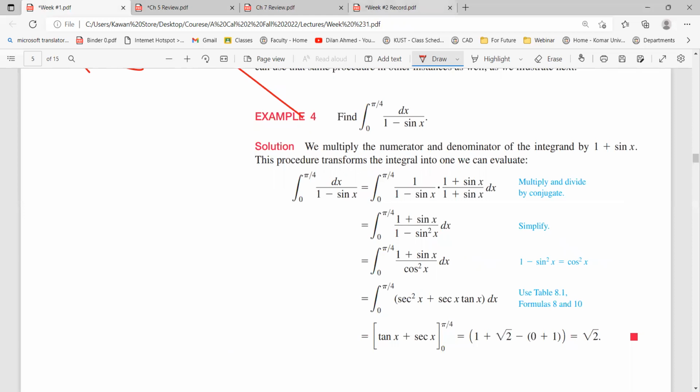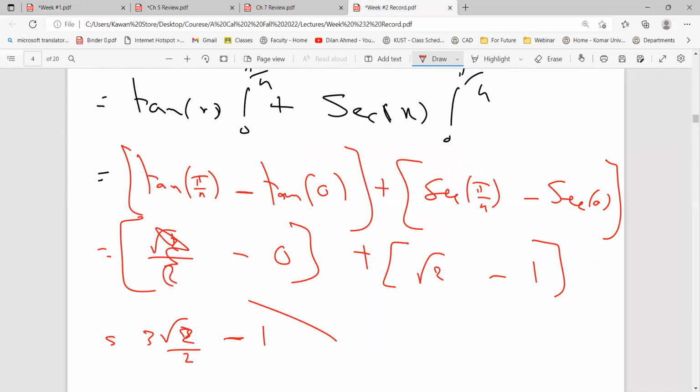Yes, there's something wrong. Here it is equal to 1. So let me fix that one.